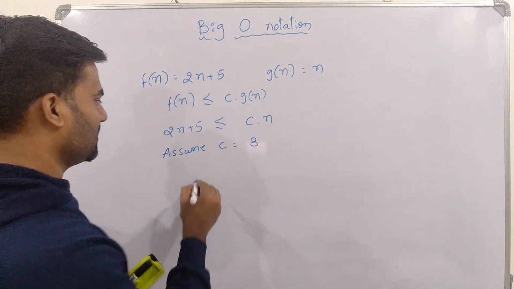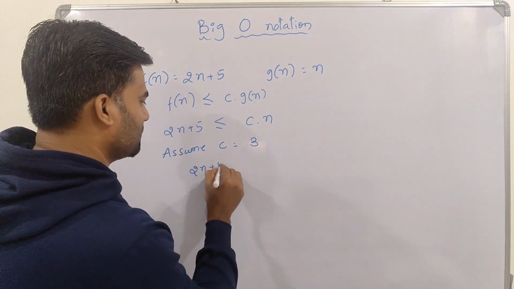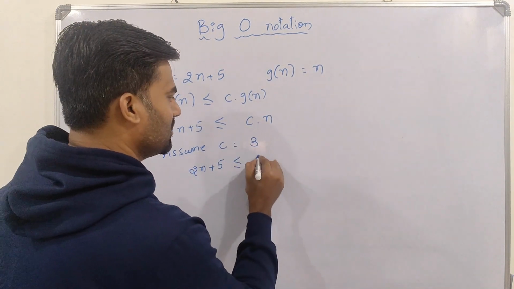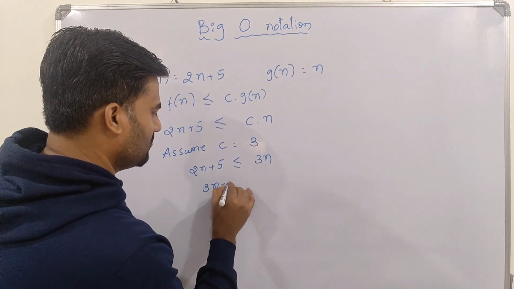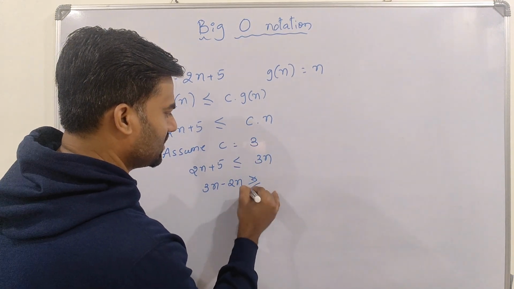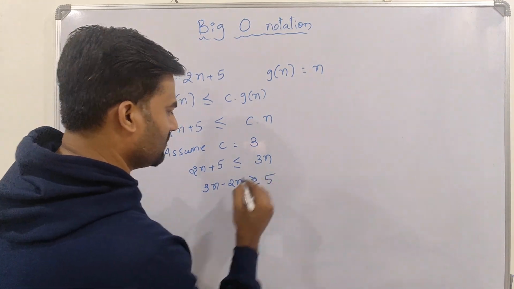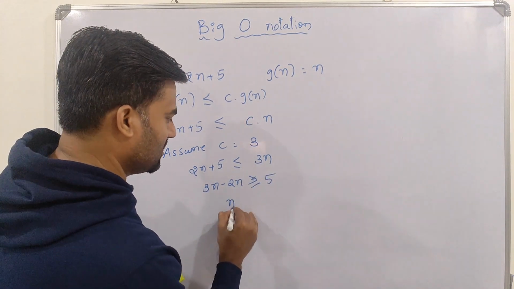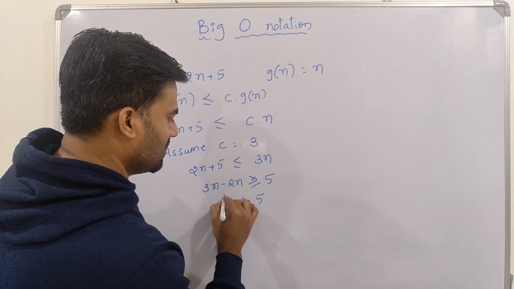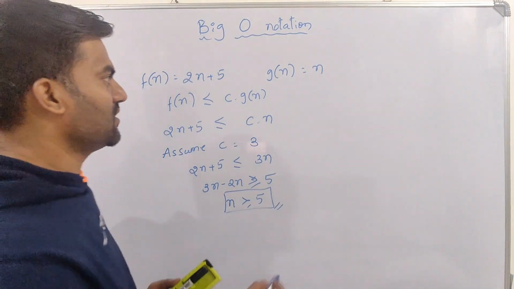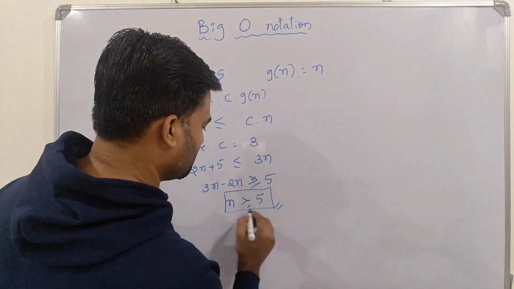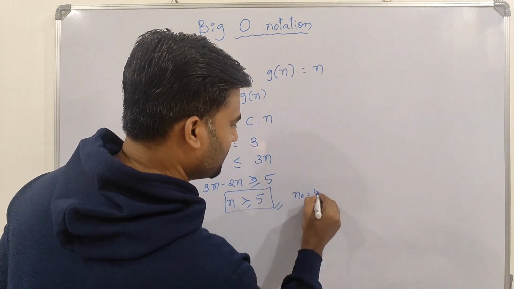Then 2n plus 5 is less than or equal to 3n. So 3n minus 2n is greater than or equal to 5, that is, n is greater than or equal to 5. This value is called n naught. So n naught is equal to 5.